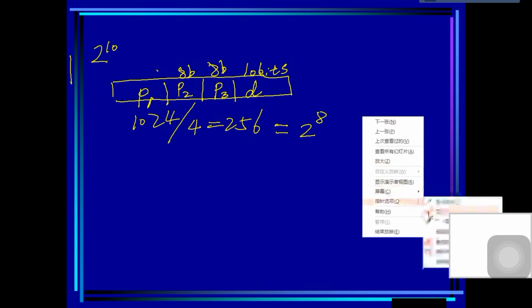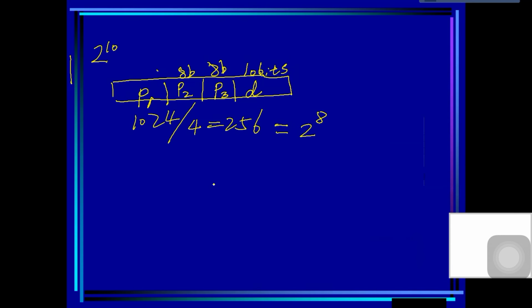As for P1, because altogether it is 16 bits for these parts, and the page number is 20 bits, so we use 20 minus 16, we get 4. So for P1 it is 4 bits, okay?